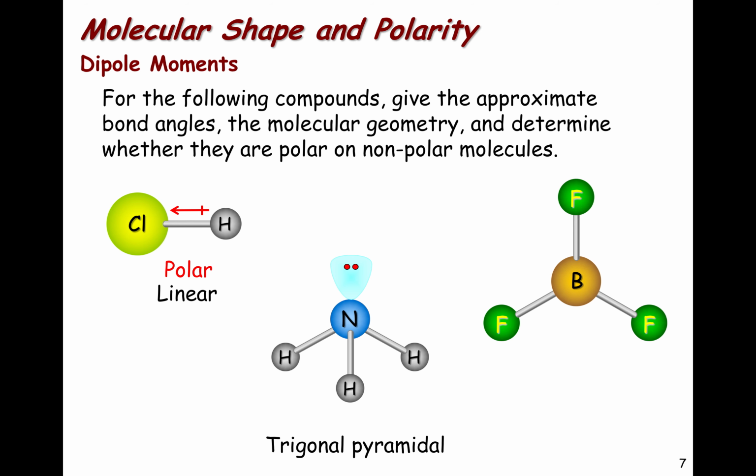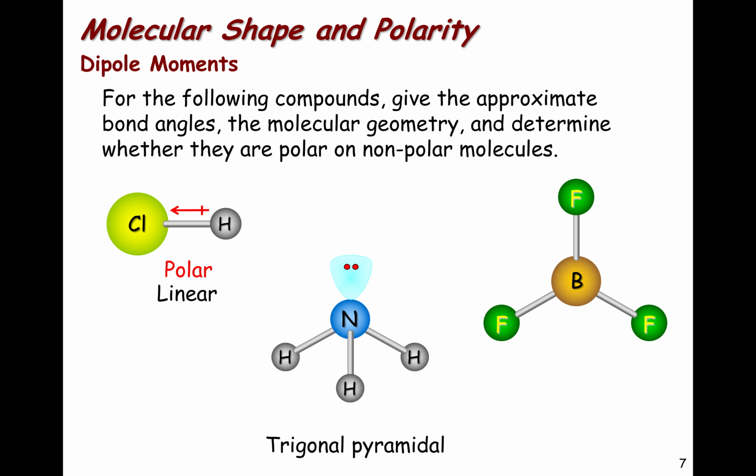In the case of ammonia, NH3, this adopts a trigonal pyramidal structure. There are 4 electron regions around the central atom, 3 of them bonding, 1 of them being a lone pair. And so this adopts an electron region geometry of a tetrahedron. When 3 of them are bonding, this forms the trigonal pyramidal structure.